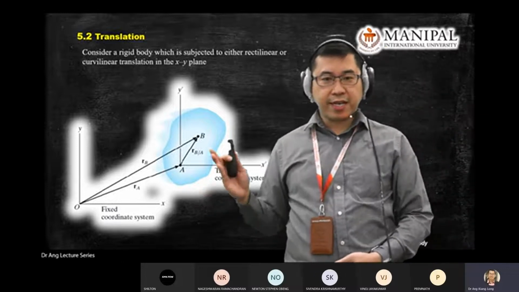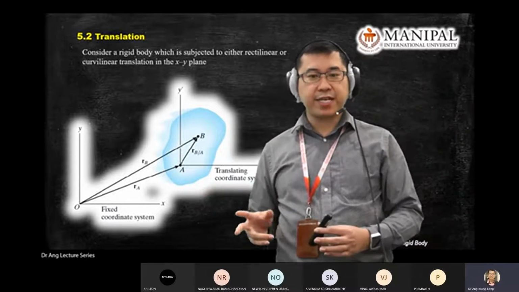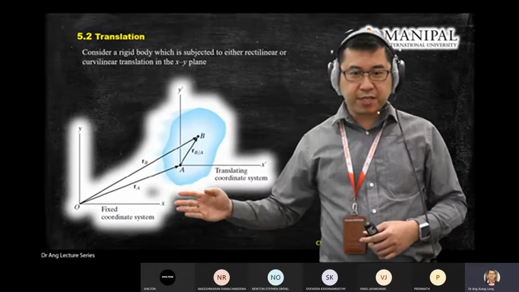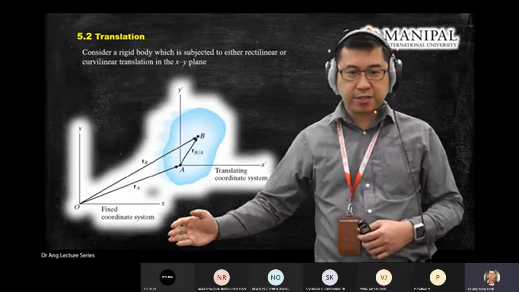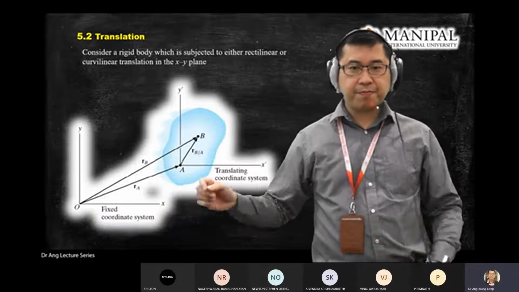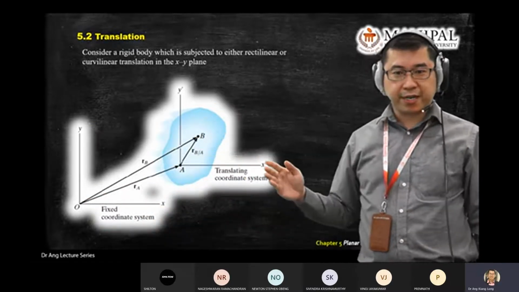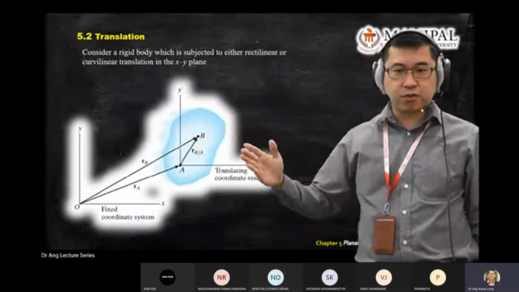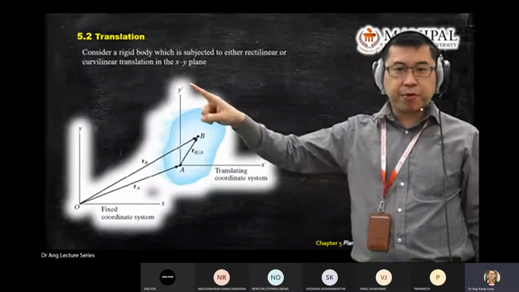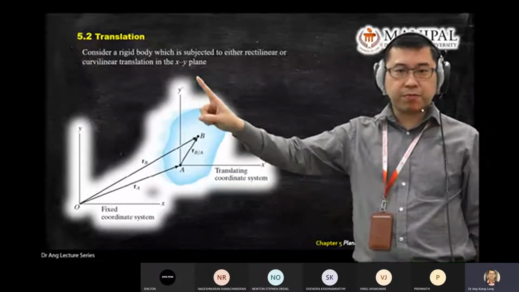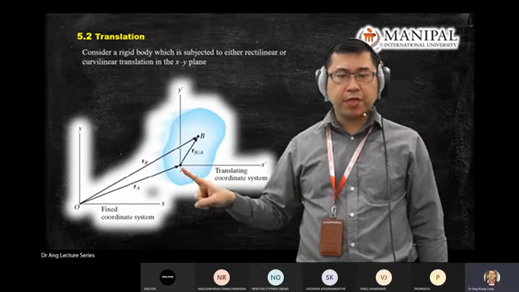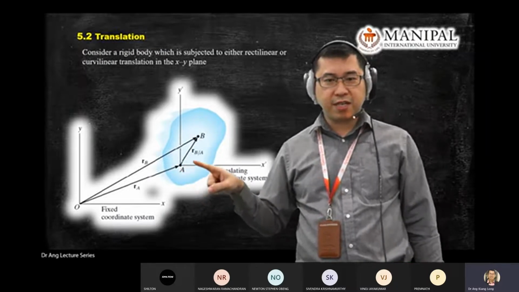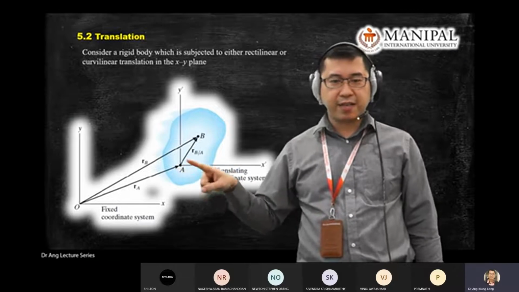Try to understand there are two different axes every time you solve a chapter 5 question. One is the reference axis or primary axis, the fixed coordinate system. Another one is on the object. First you draw the fixed one, then the second axis you draw on the object with the prime symbol, x prime, y prime, and then label the new position A, B, C, D, or any symbol.